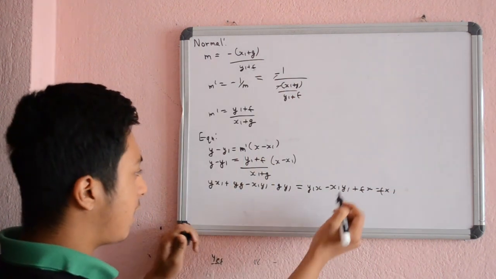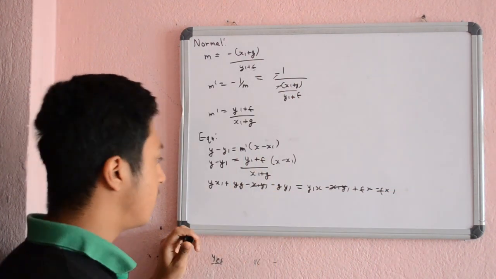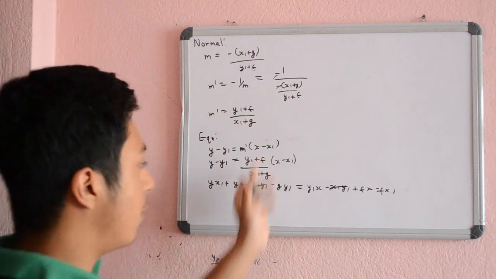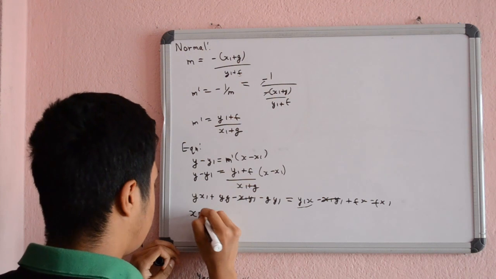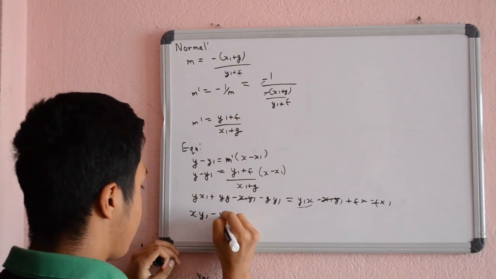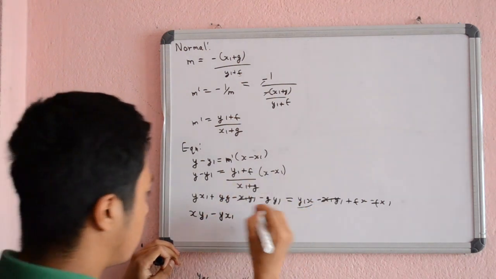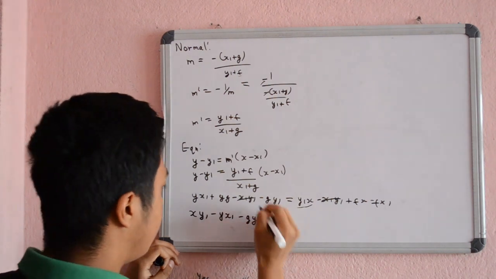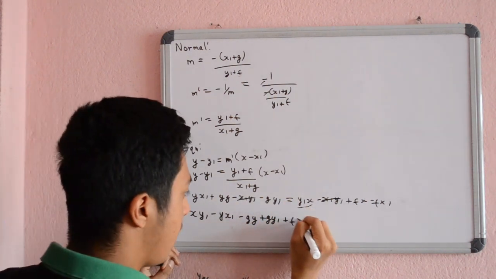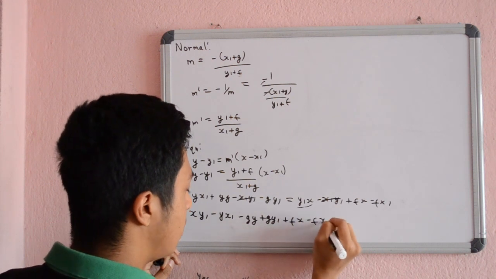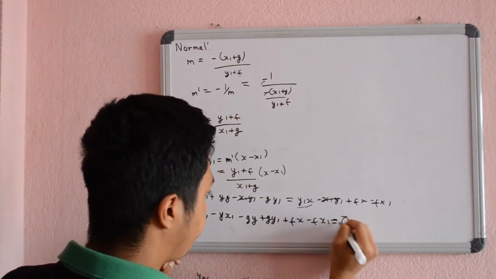And I can see that these two can be cancelled, and I'm going to move everything to the right hand side this time. So from here I'll have xy1 minus yx1, and this will go over there, minus gy plus gy1, and I'll simply have fx minus fx1 is equal to 0.